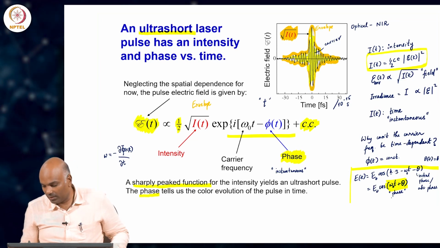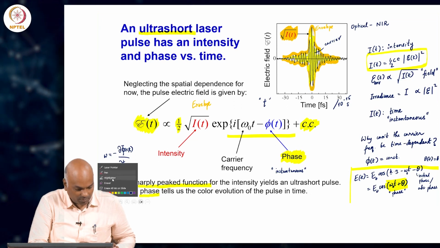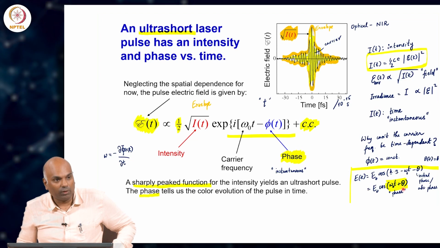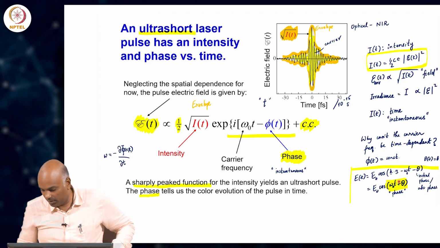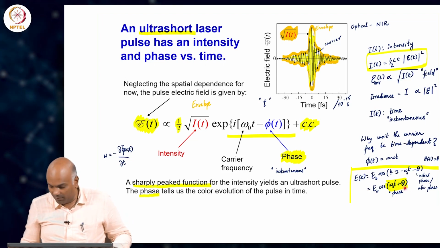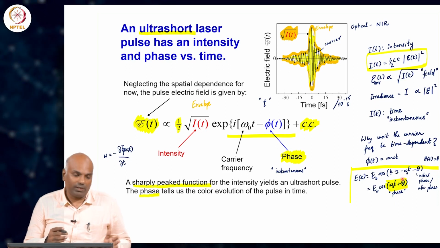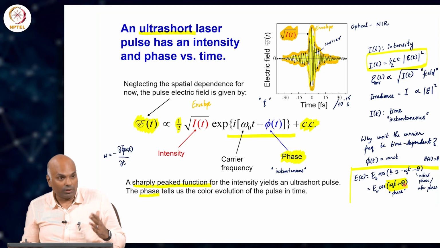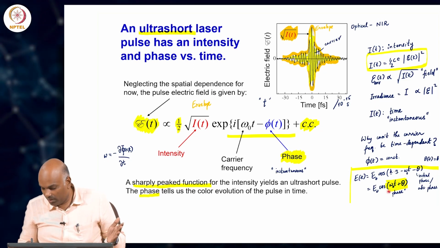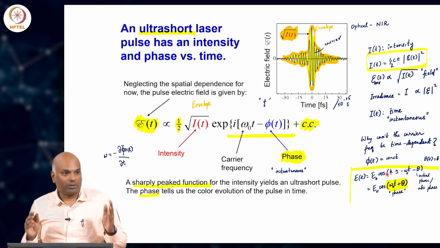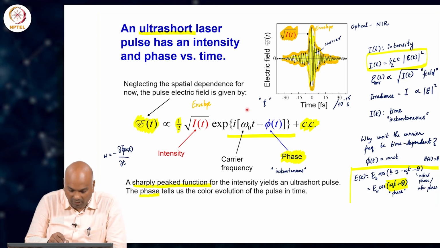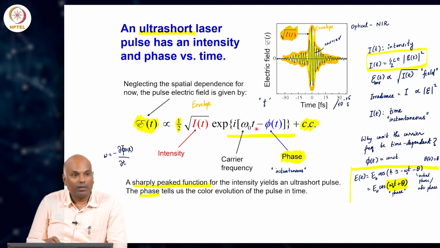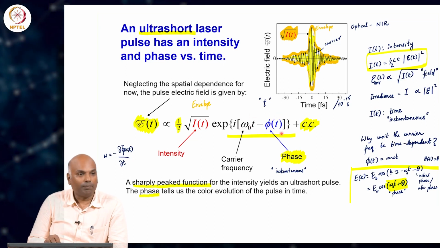We realize that in the case at the bottom, I take the total phase function omega naught t plus theta, theta being constant in time. Here if I do this time derivative, frequency being negative or positive, physical frequencies are only positive, so we should define them carefully. The time derivative of this is constant here, whereas if I now take the derivative of omega naught t minus phi t, it need not be constant in time.